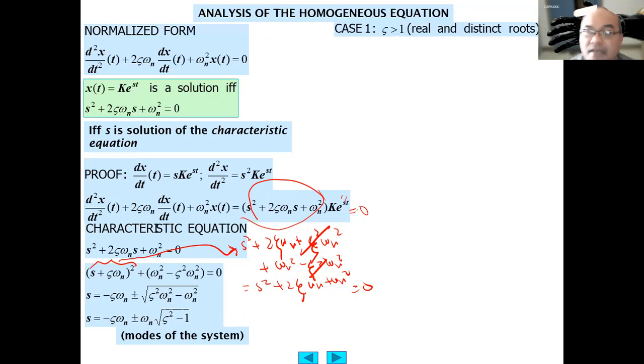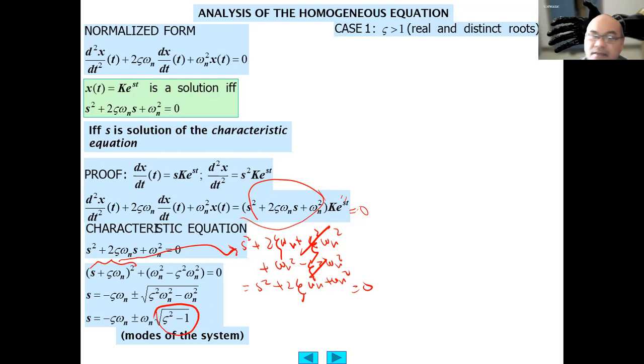The solution of the characteristic equation is for the homogeneous equation, where the forcing function equals 0. Now the first case is when zeta is larger than 1. When zeta is larger than 1, the square root term is real, so this value becomes positive, right? So the roots are real and distinct.